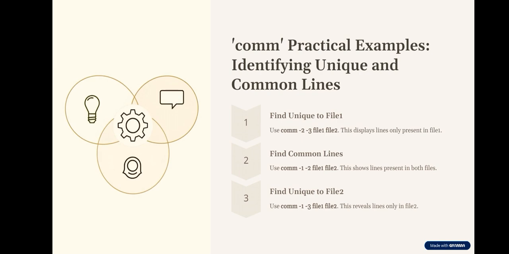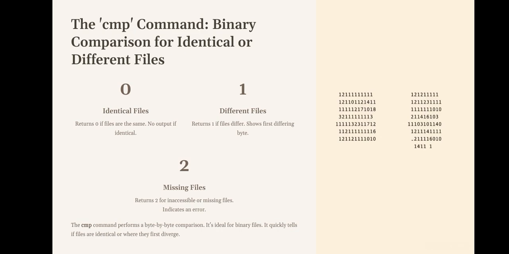And third, find unique to file 2, use comm -1 -3 file1 file2. This reveals lines only in file 2. It displays only file 2 unique lines.